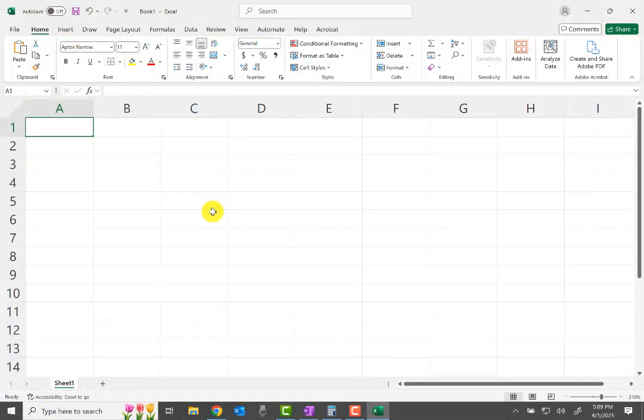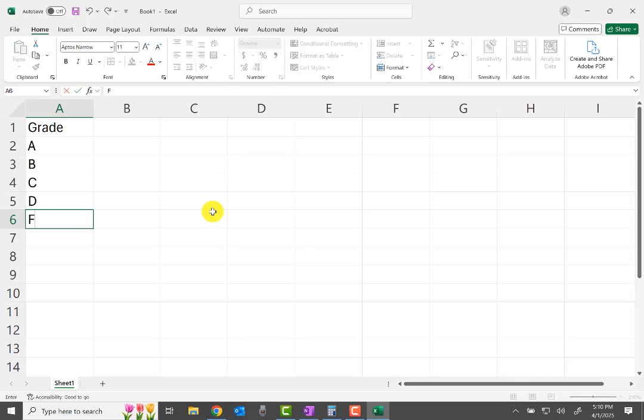I've opened up Excel. I want to show you how you could make a chart yourself that could compare 2 or 3 or more different entities. So I'm going to make up some data here, and I will do A, B, C, D, and F. So this is completely made up, and we're going to go boys versus girls.